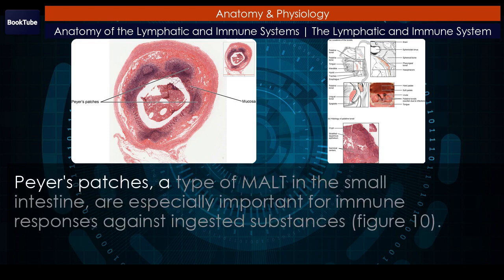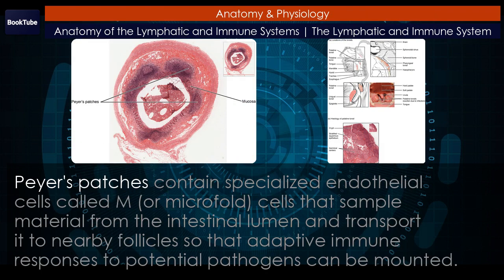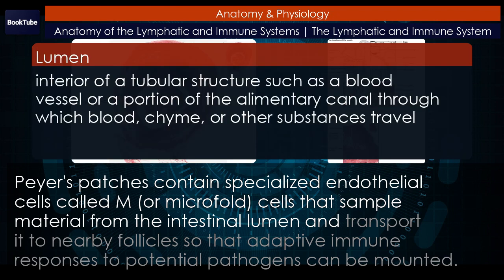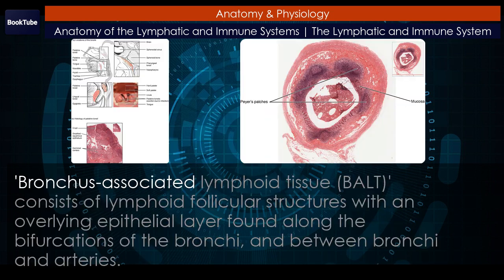Peyer's patches, a type of MALT in the small intestine, are especially important for immune responses against ingested substances. Figure 10. Peyer's patches contain specialized endothelial cells called M, or microfold, cells that sample material from the intestinal lumen and transport it to nearby follicles so that adaptive immune responses to potential pathogens can be mounted.